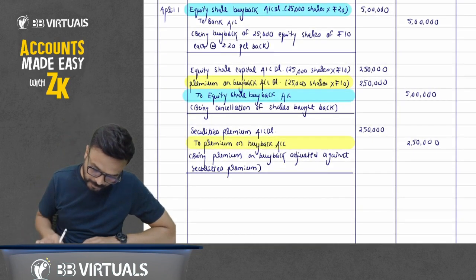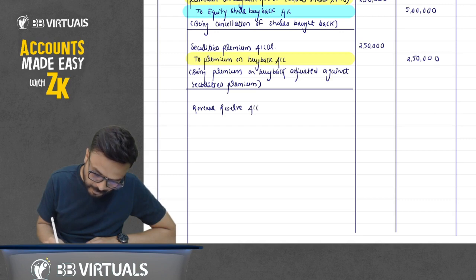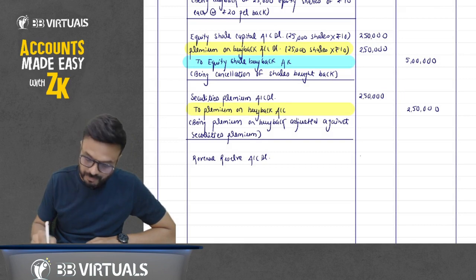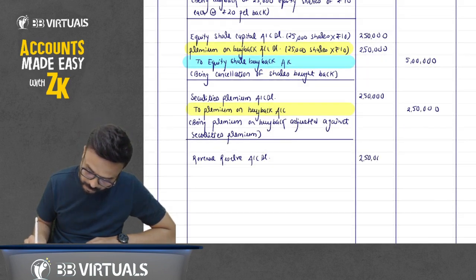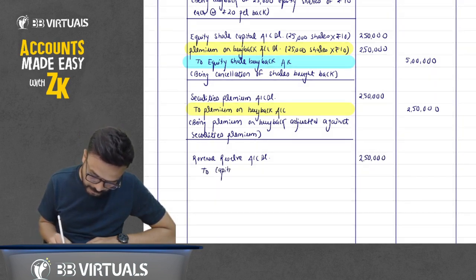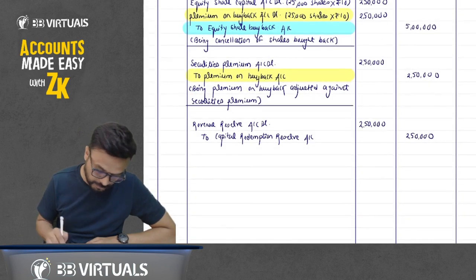So write down here revenue reserve account debit. How much is the face value of buyback? It is 2,50,000. So revenue reserve account debit 2,50,000 to capital redemption reserve account 2,50,000.